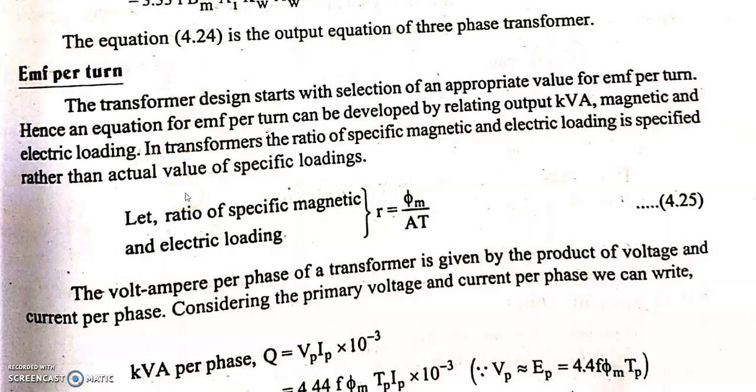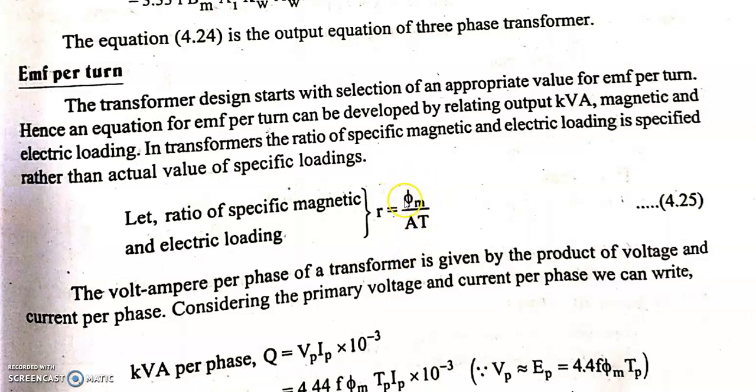Usually in the design of electrical machines, in rotating machines, we define specific loadings as specific electric loading and specific magnetic loading separately. But in a transformer design, we are going to define the ratio between specific magnetic loading and specific electric loading.